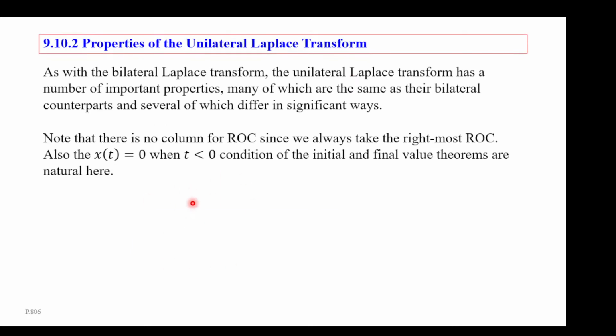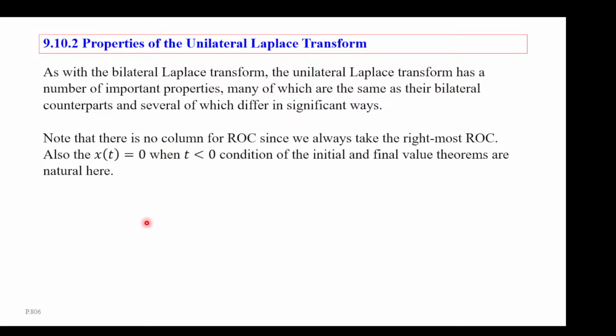Okay, and now we go to the properties of unilateral Laplace transforms. A lot of the properties of the unilateral Laplace transform will be the same as bilateral Laplace transform. But the big difference is that there is no ROC, and also because the unilateral Laplace transform only cares about x of t for t greater than 0, you will see that some properties have a change to emphasize that x of t equals 0 for t less than 0.